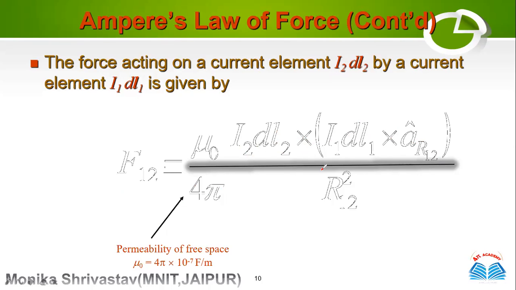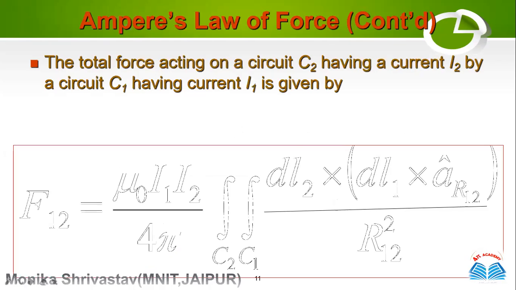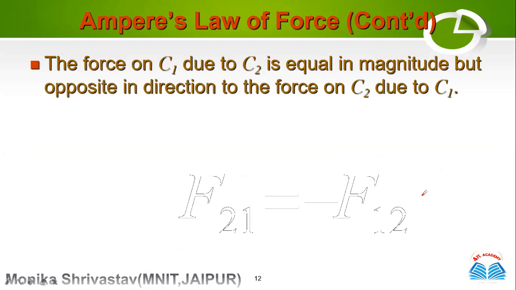This is the original form of Ampere's law of force, but using some conditions, scientists have contracted this form, and Ampere's law may also be written as follows. This is for double integration if we are using two different currents, I1 and I2, and two different infinitesimal lengths dl1 and dl2. This is with the analogy of Newton's third law, action reaction.